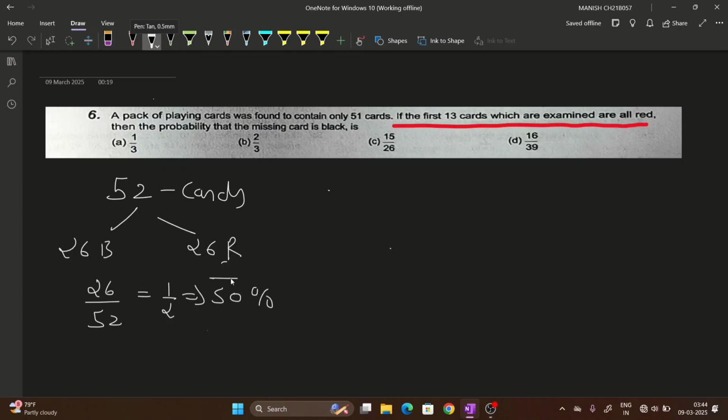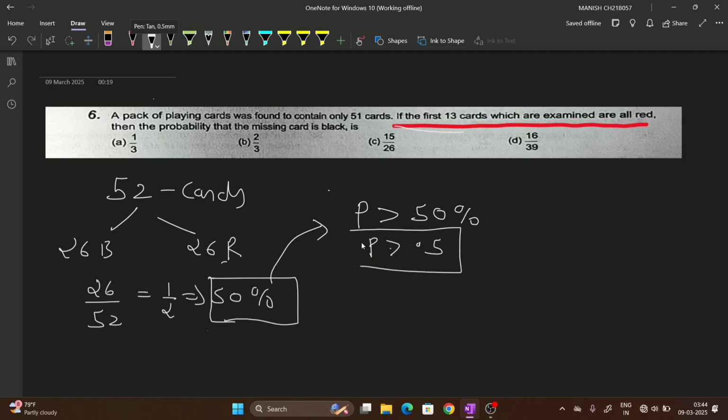So to get a black card is 50%, right? Now since extra information is given to us, the probability that comes out as an answer should be more than 50%, or more than 0.5.